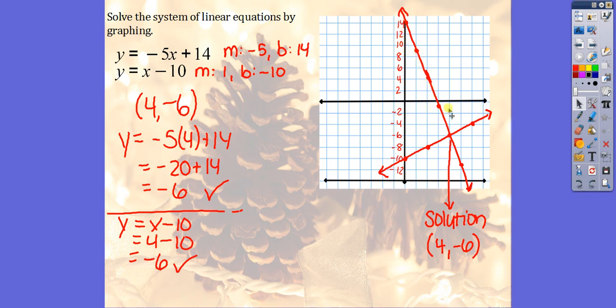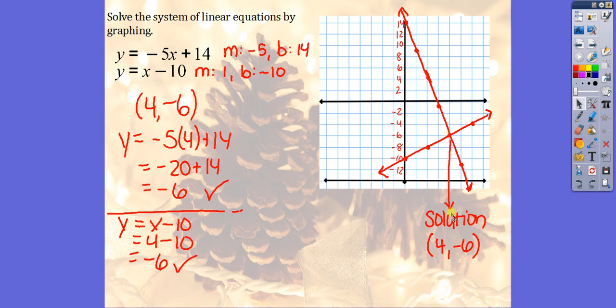Down 5 over 1, down 5 over 1. And then for the other equation, the slope is 1 and the y-intercept is -10, so -10. And then it's up 1 over 1, because we're counting by 2, so going up 1 is really going up half of the grid space.